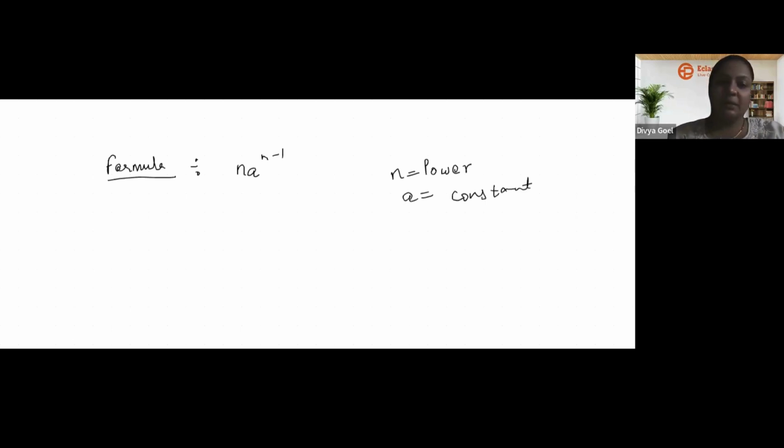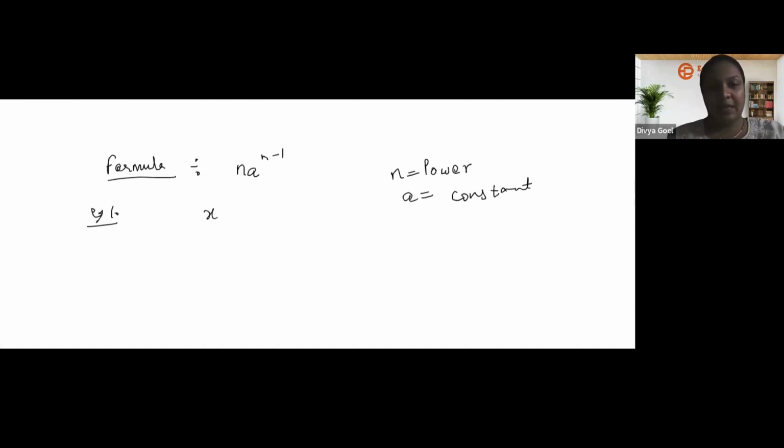Let's take an example. Now the formula. The very first and very easy formula of differentiation is n a to the power n minus 1. Okay. So n means the power, a means the variable. Okay. So let me take an example. Example is x square. Okay.